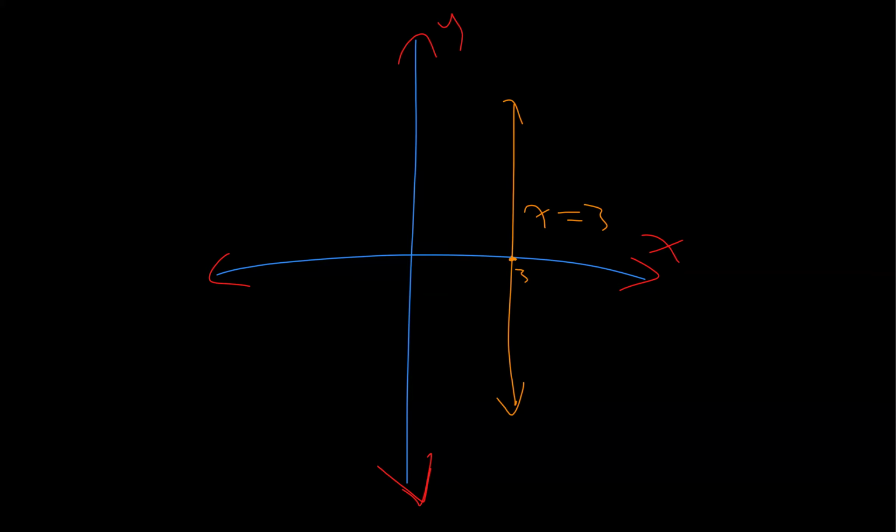And any horizontal line, its equation will be y equals where it crosses the y axis. Here, for example, 5, so y equals 5. So any horizontal line has the equation y equals a number, and any vertical line has the equation x equals that number. And I hope that is clear.